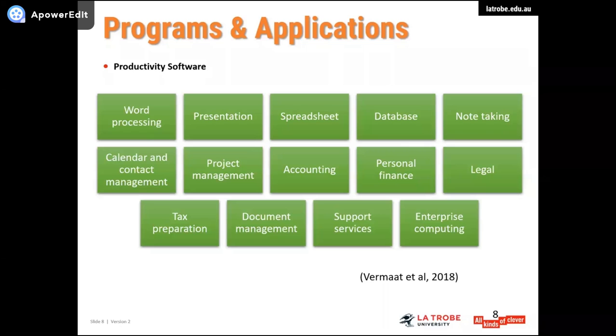PowerPoint is used to make beautiful slides and help us with our presentation. Excel, of course, we just learned to deal with the spreadsheet much easier. The database software deals with data, like data processing, data analytics.